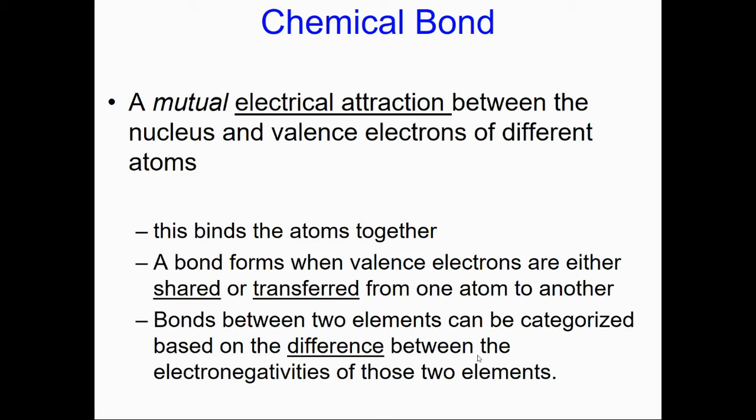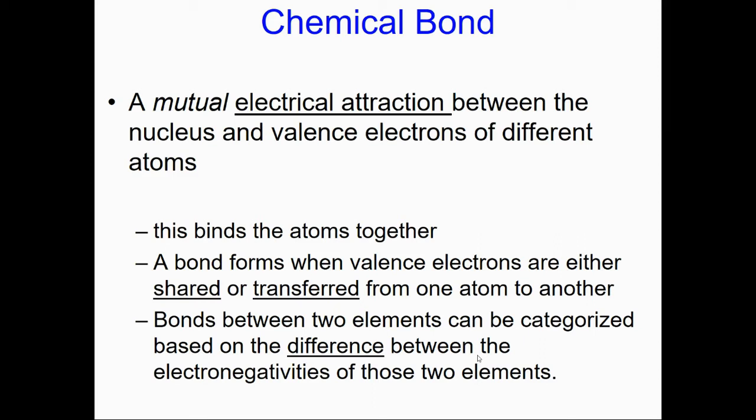When a bond forms, the valence electrons are either shared amongst two atoms or they are transferred from one atom to another. If they are shared, that's called a covalent bond. If they are transferred, that is called an ionic bond.